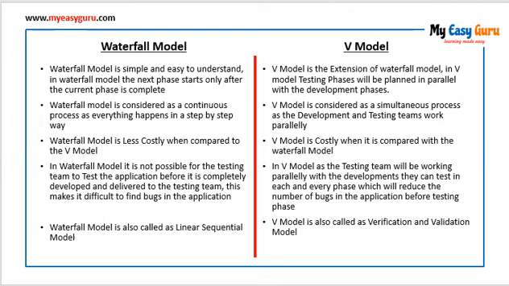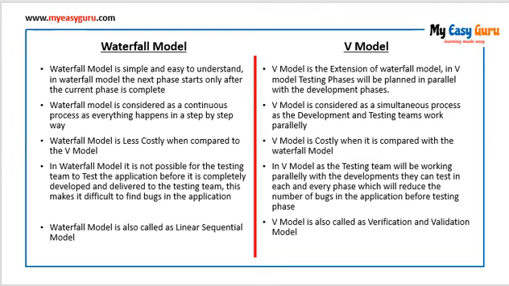We know in case of V model, testers parallelly work with development team, but it doesn't mean they parallelly test the application. They parallelly prepare the plans to test the application while development teams develop the application. It is the extension of waterfall model.